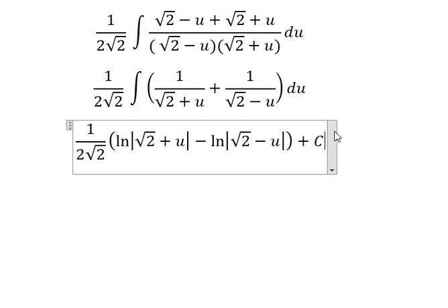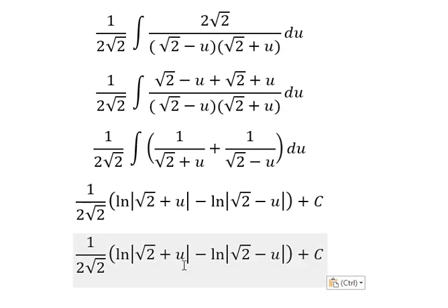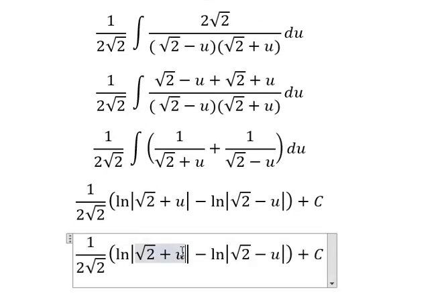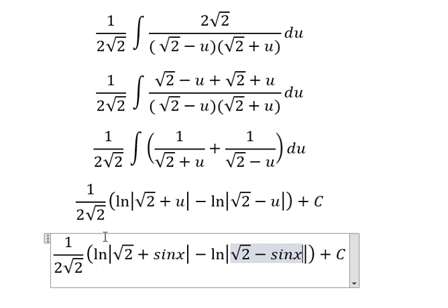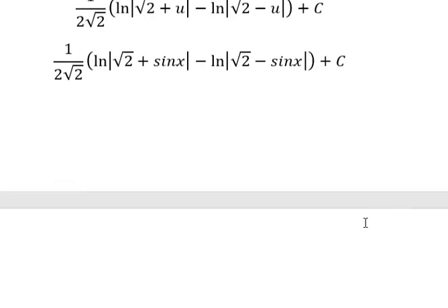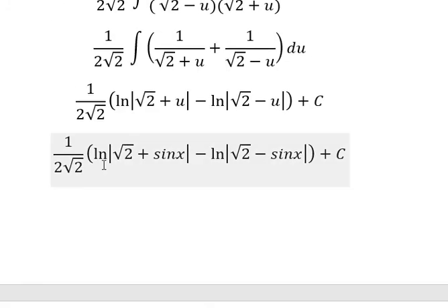And we put c here. About u, that is sine x. Now we can combine the answer here. This integration, that's about this one.